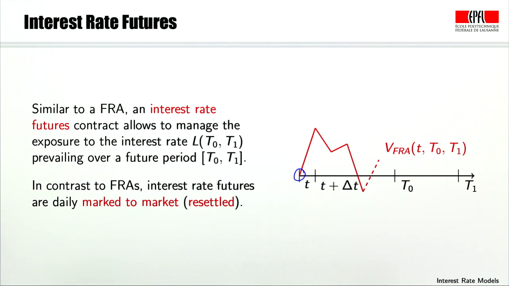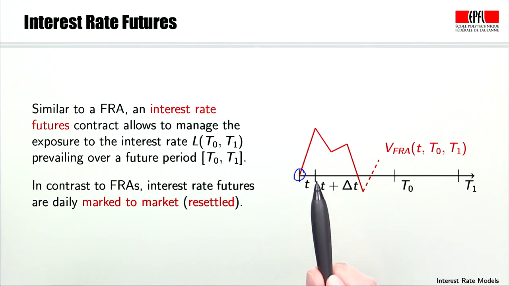Now, instead of sitting and waiting and see the exposure to your counterparty getting positive value or negative value, market participants prefer to settle any change in value immediately. This is done by marking to market.